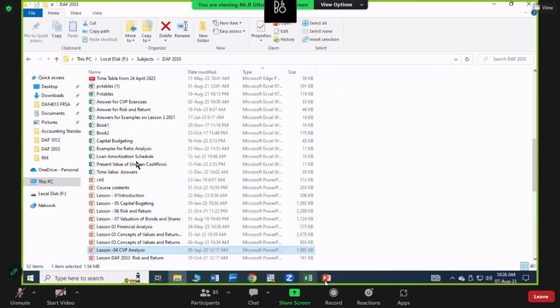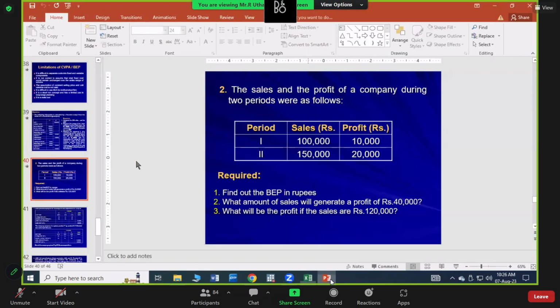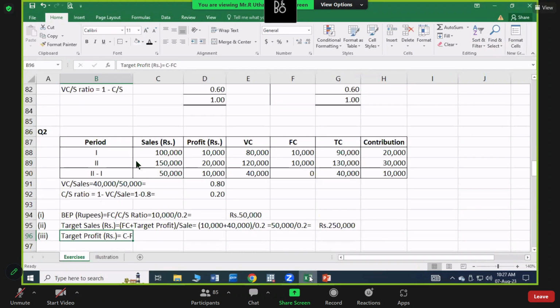Now this time you want to calculate the target profit. So how can you find it?